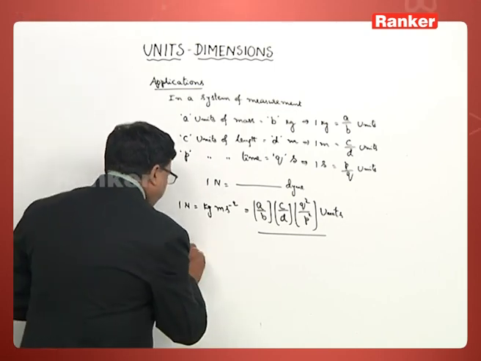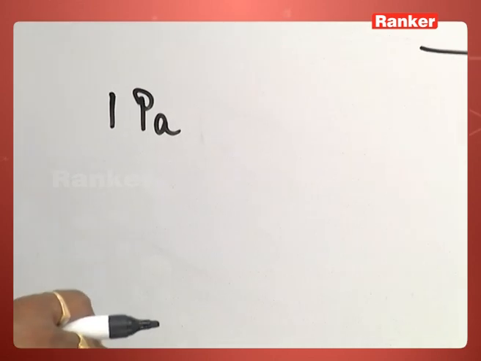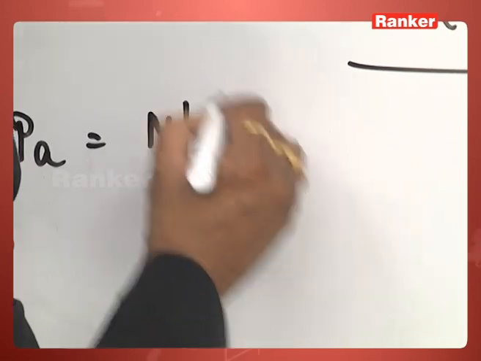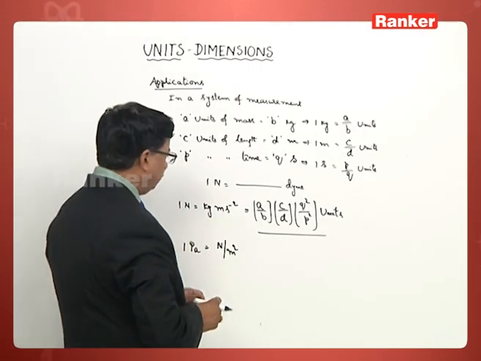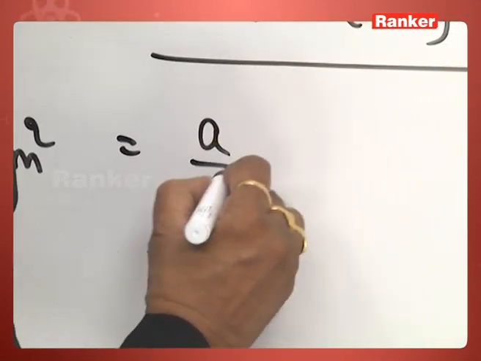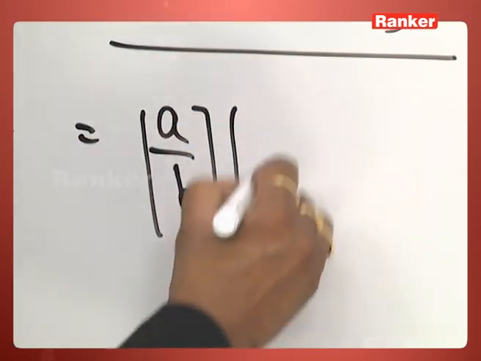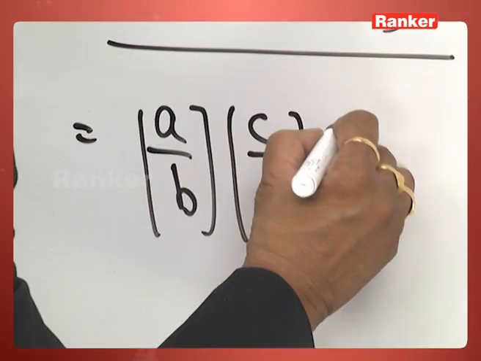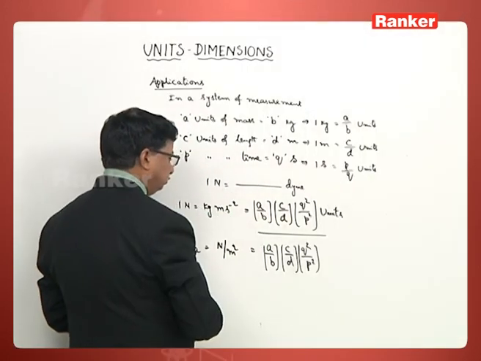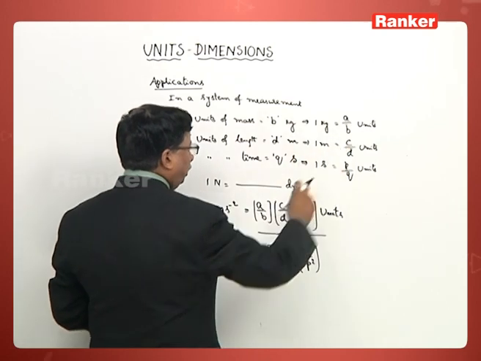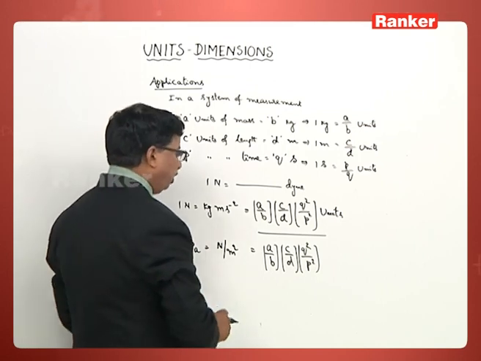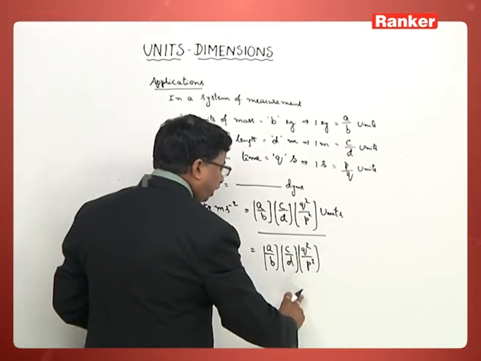Similarly, what is 1 Pascal, for example? Newton per meter square is called Pascal. Newton I have already taken up here. I write the same thing: A by B into C by D into Q square by P square. Till that extent it is called Newton. Now 1 meter is C by D, and it is per meter square, meaning by C square by D square.